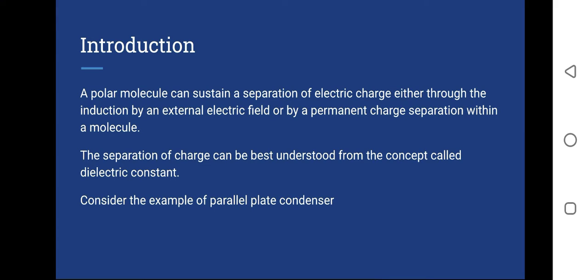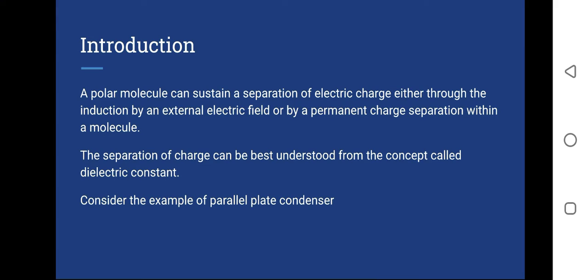The separation of charge can be best understood from the concept of the dielectric constant. We will consider the example of a parallel plate condenser.